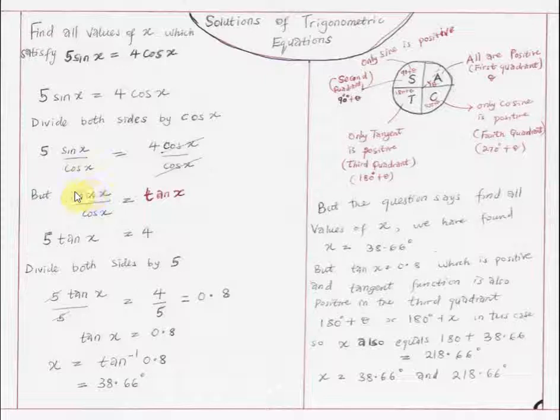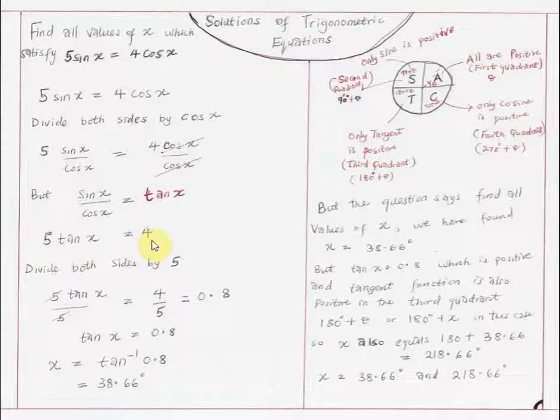But now remember that the sine of an angle divided by the cosine of that same angle will give you the tangent of that angle. So sine x over cos x is going to be equal to tan x. So we can replace this sine x over cos x with tan x, and if we do that, we'll have 5 tan x equals 4.